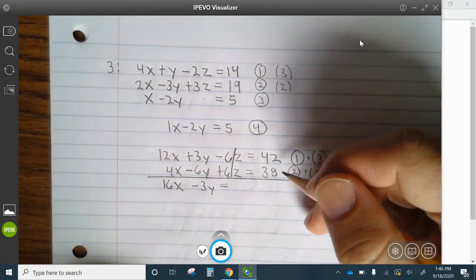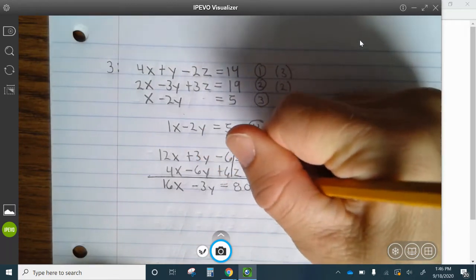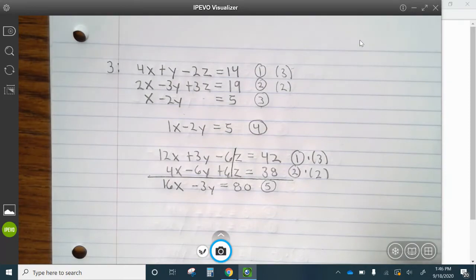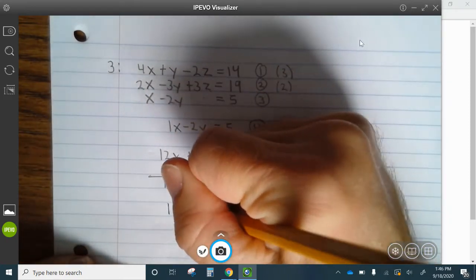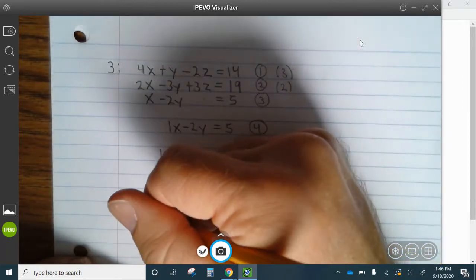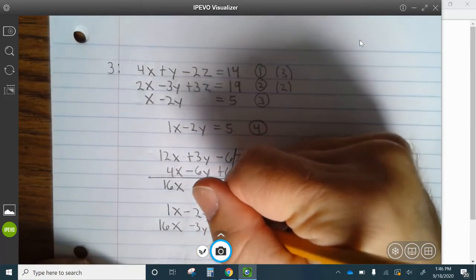Now let's combine 4 and 5. That's 1x minus 2y equals 5, equation 4, and 16x minus 3y equals 80, equation 5. If we multiply by negative 16, the x's will cancel. So let's multiply equation 4 by negative 16.